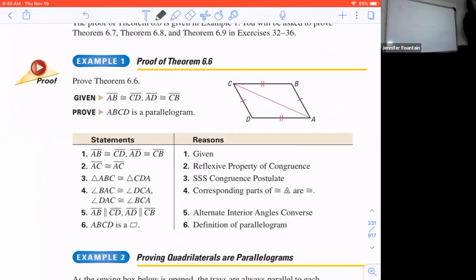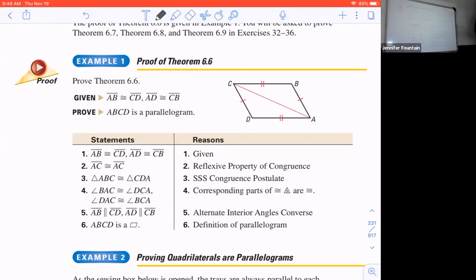So what we're going to do is look through these proofs, okay? It says, given that AB is congruent to CD and AD is congruent to CB, we're trying to prove that ABCD is a parallelogram. So we have our given first, but then notice that they have a diagonal. AC is congruent to AC using the reflexive property of congruence, okay?